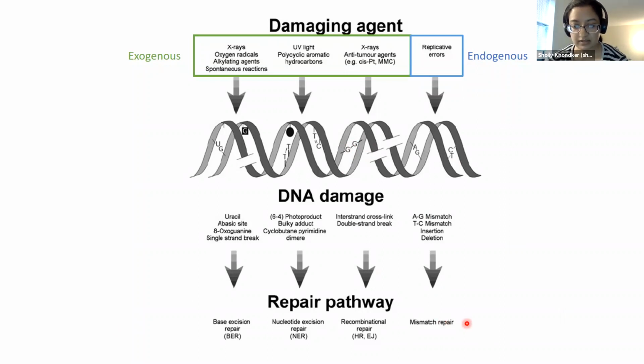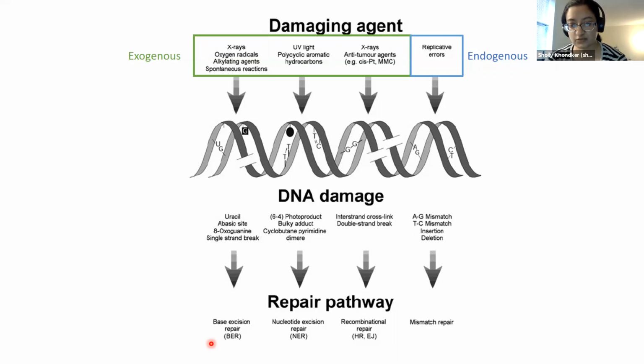So for each of these types of DNA damage, there's a specific repair pathway that can resolve it. These include the base excision repair pathway, which is used when a nitrogenous base is damaged or missing.